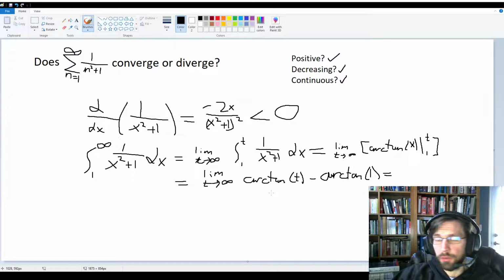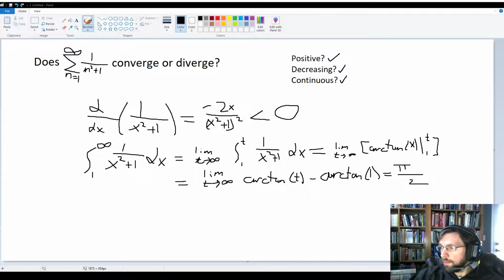Okay, so as t gets really, really big, arctangent of t goes to pi over 2. And arctangent of 1 is pi over 4. So pi over 2 minus pi over 4 is going to be pi over 4.